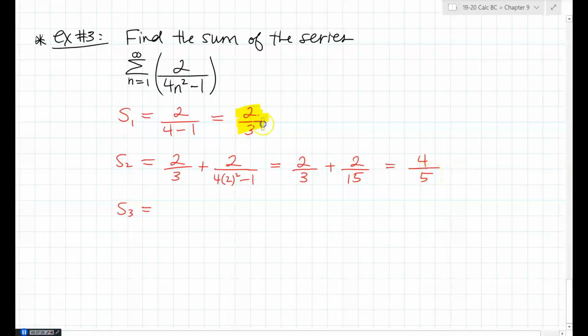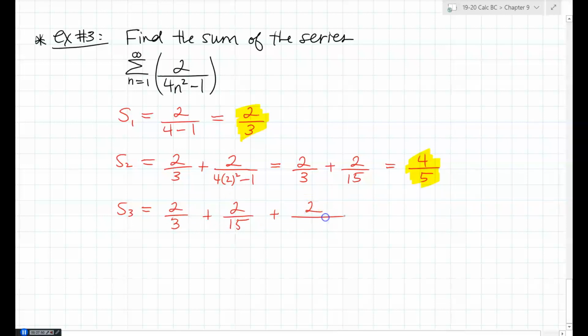Okay, the next one, well, we have S sub 1, that's 2/3 plus 2/15 plus, now I have to do the third one, right?